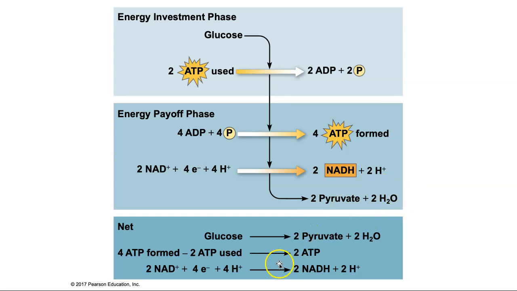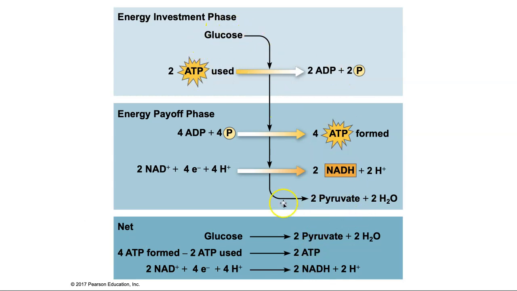So looking at the net creation, we started off with glucose and we make 2 pyruvates. We created 4 ATP here, but we used 2 here. So our net creation of ATP is only 2. It's 4 minus 2.